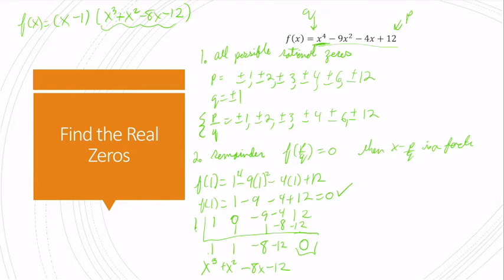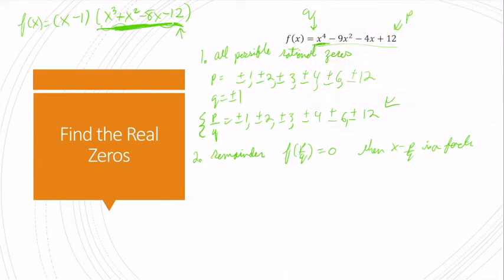So I'm going to clear us a little bit of space so we can factor x cubed plus x squared minus 8x minus 12. Now notice my last coefficient, my constant, is still the same, so it still has the same possible zeros. So now I'm looking at x cubed plus x squared minus 8x minus 12.